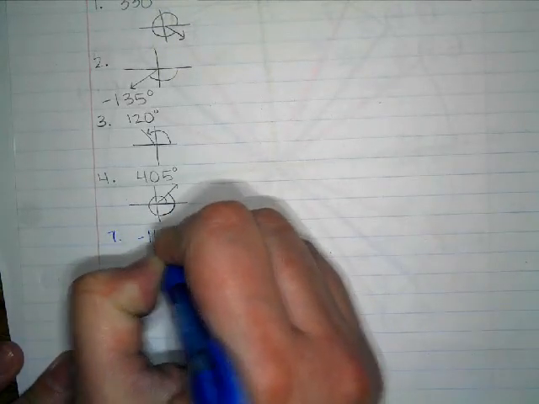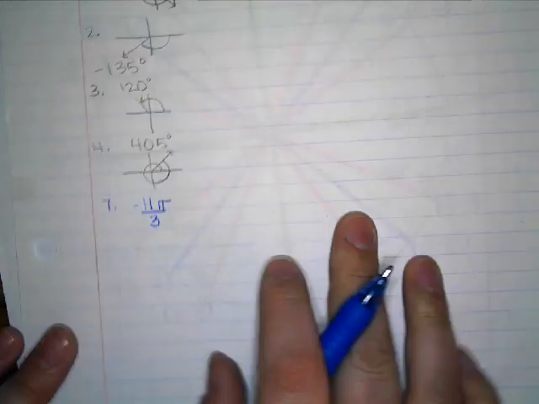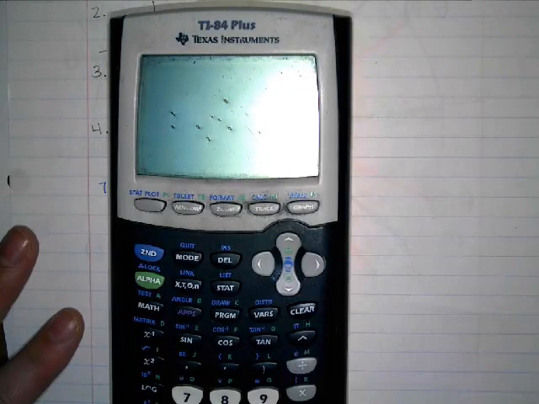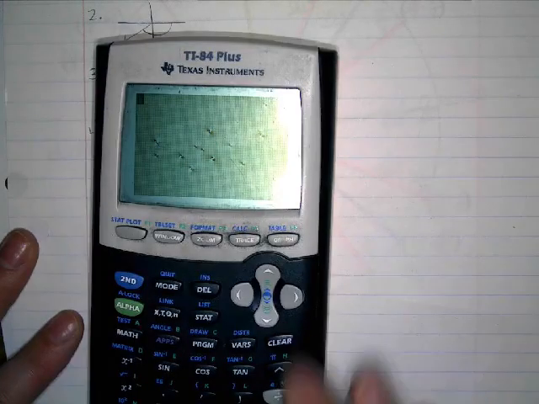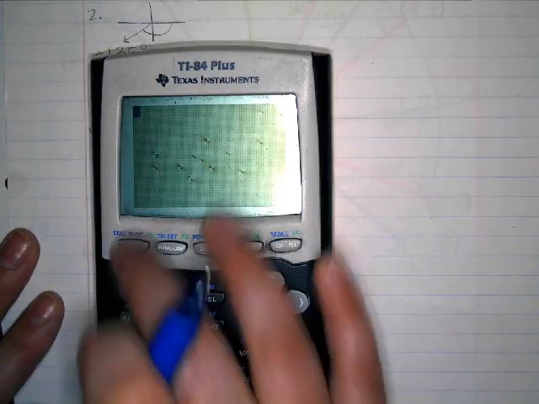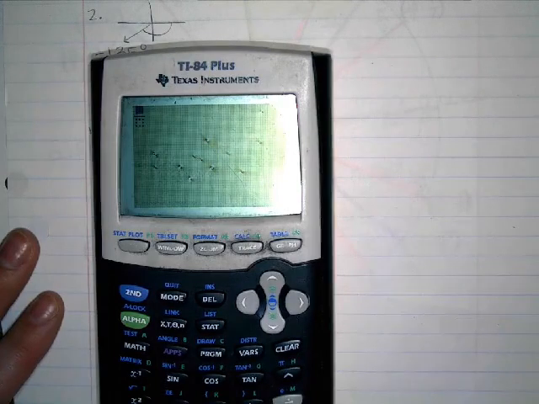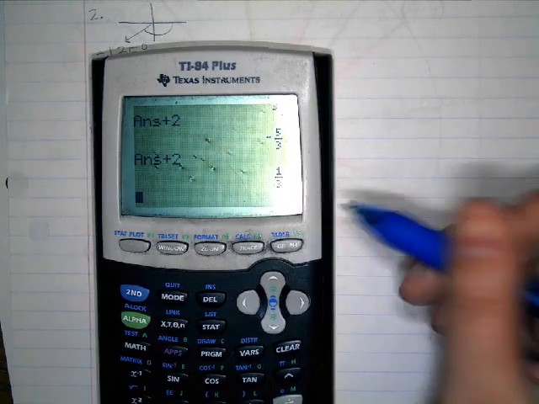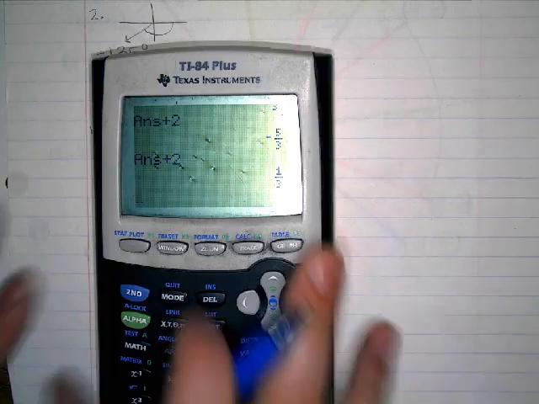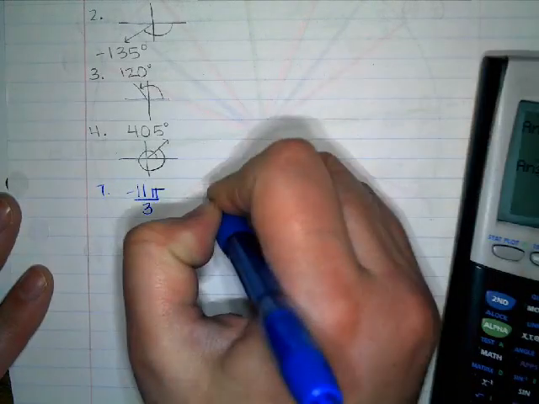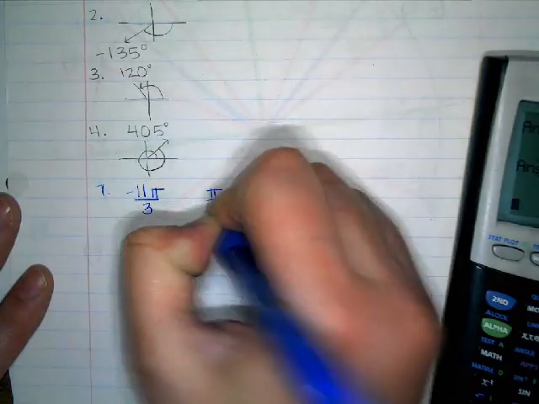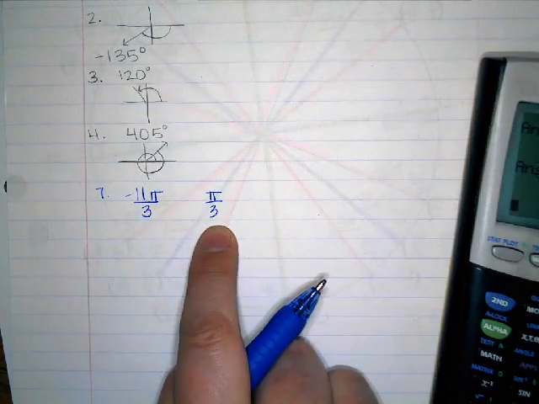If you did negative 11 pi thirds and you were looking for a coterminal angle, like doing for your homework last night, if you add 2 pi, negative 5 pi thirds, add 2 pi again, 1 pi third is the first positive coterminal angle that you get, and that is important because it kind of tells you where your drawing is going to end up.